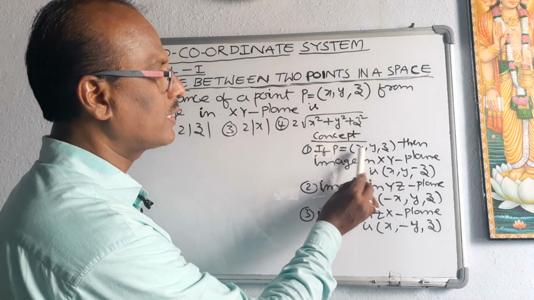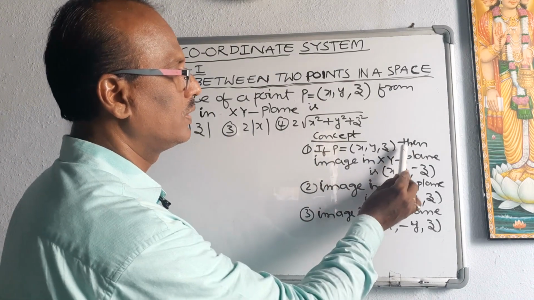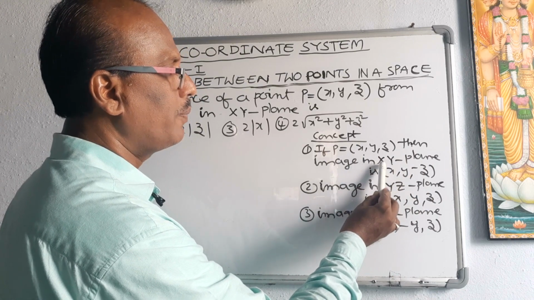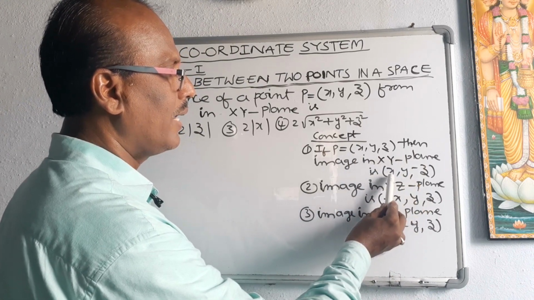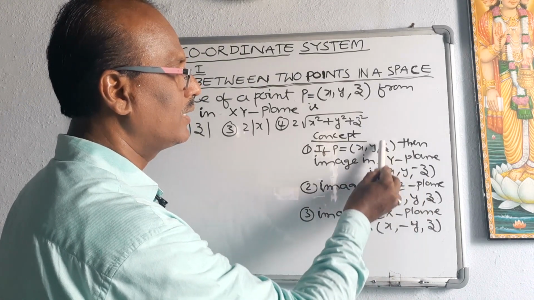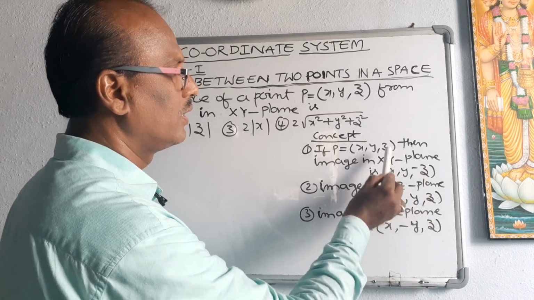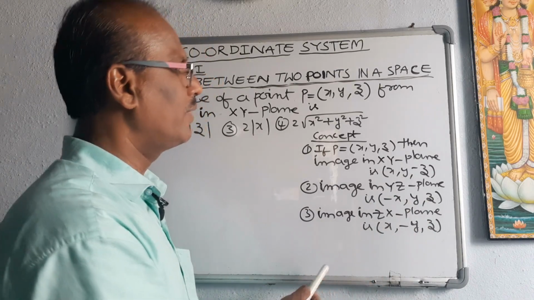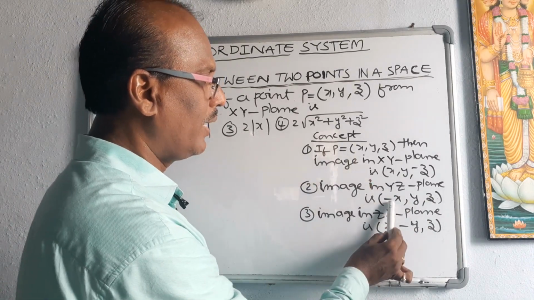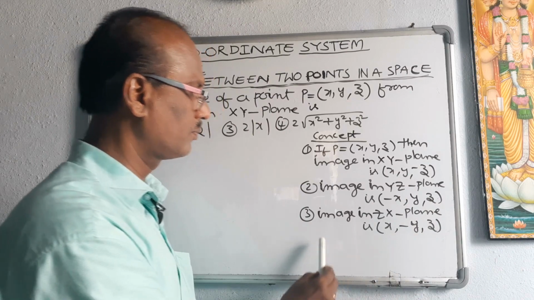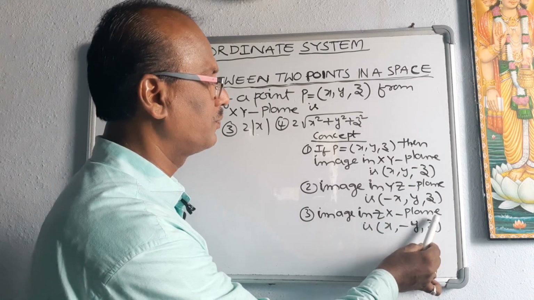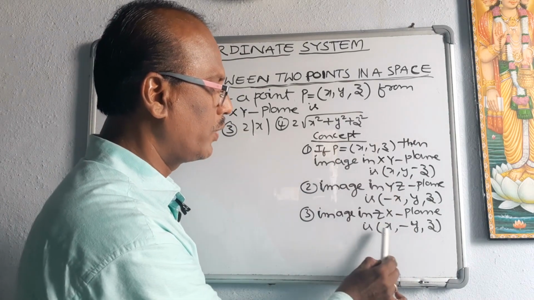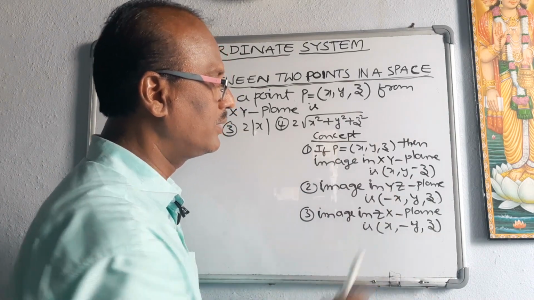If P is equal to (x, y, z), then the image in the xy plane is (x, y, minus z). Here the z coordinate is negative. Image in the yz plane: the x coordinate is negative, (minus x, y, z). Image in the zx plane: the y coordinate is negative, (x, minus y, z).